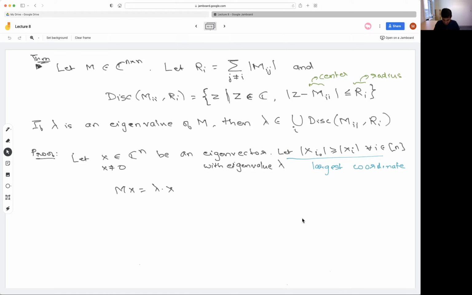If there are two coordinates with equally large values, let's just pick one of them. So it's some coordinate with the largest entry.